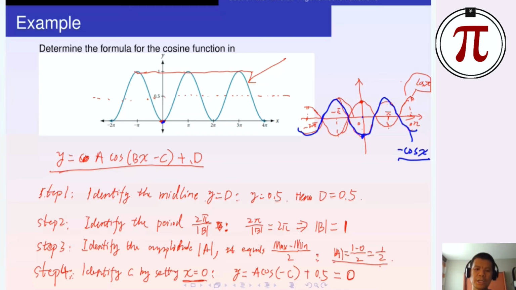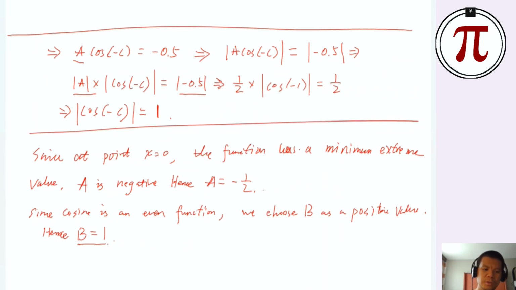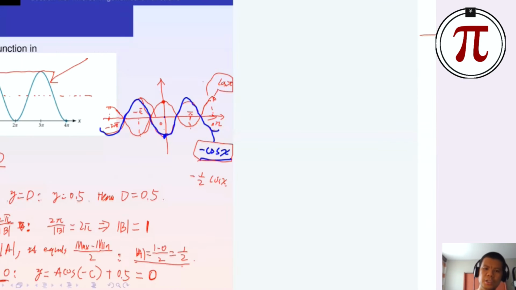For this one, we do not have any, so we can view it as no shift from zero. If you take a reflection, that's negative cosine of x, and then negative 1/2 cosine x became something else. But really, there is no shift of c.